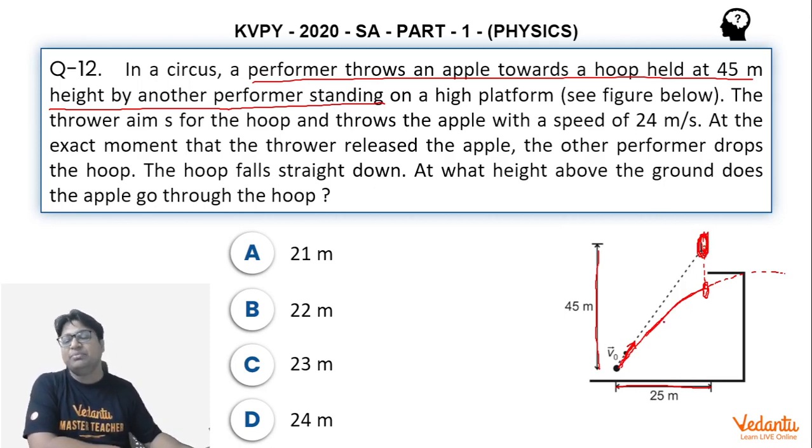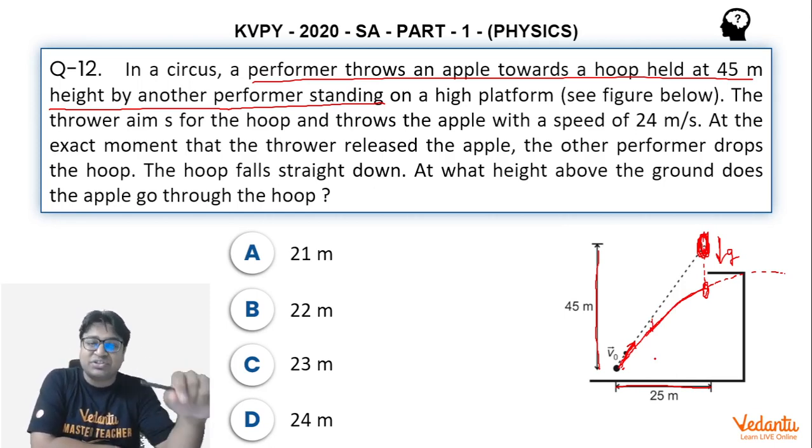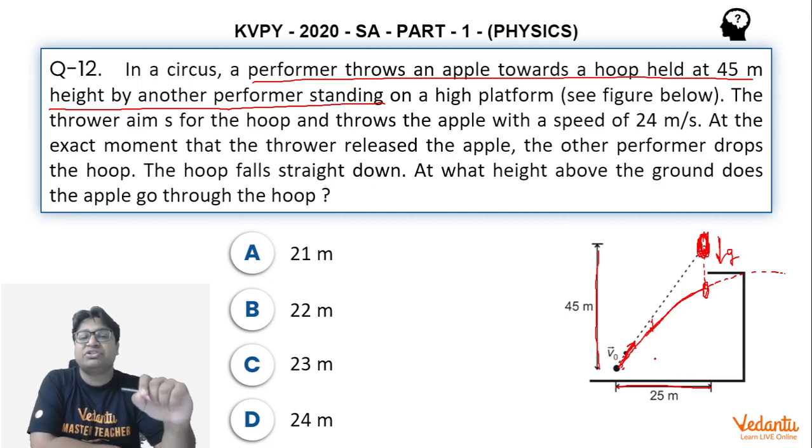And why does that happen? Because to understand this, this was having an acceleration of g in the downward direction. Even this apple or bullet or whatever it was having an acceleration in the downward direction, which is also equal to g. So what happens is that their relative acceleration becomes zero, which means that their relative velocity becomes constant.